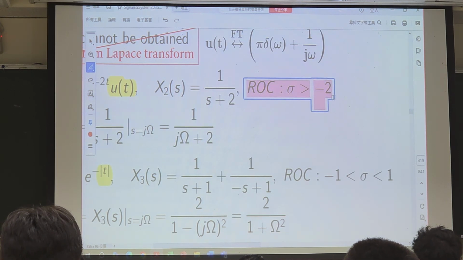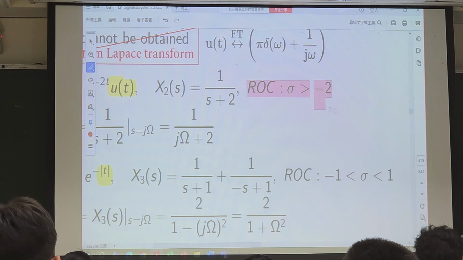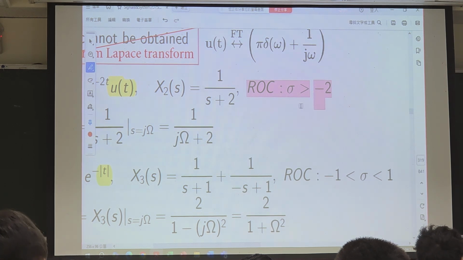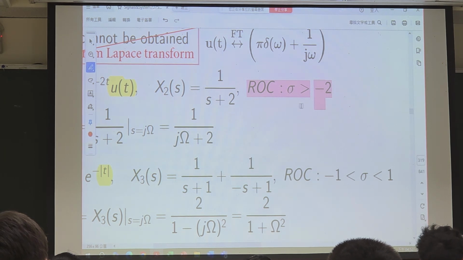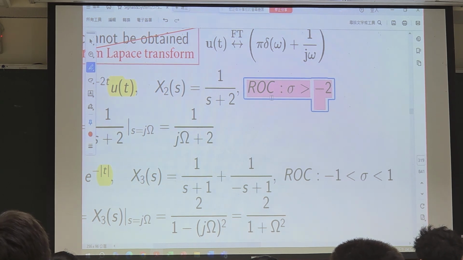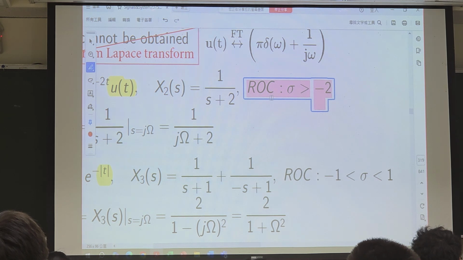I think that's very easy to see: s is bigger than negative 2 in this case, in order to have this Laplace transform. So which includes the imaginary axis.